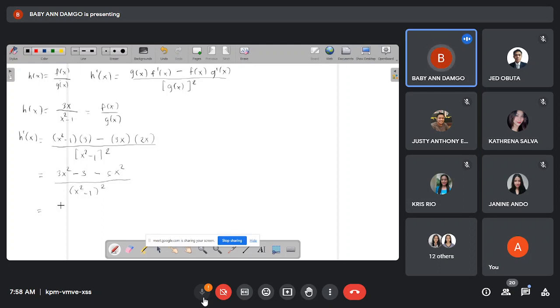This is just, so combine like terms, negative 3x squared minus 3. Okay, all over x squared minus 1 squared. Okay, so this is x squared plus 1. Okay, so this is the final answer. Nasabtan, class.